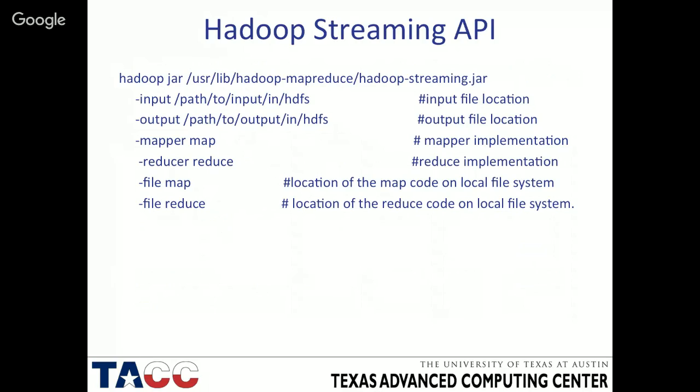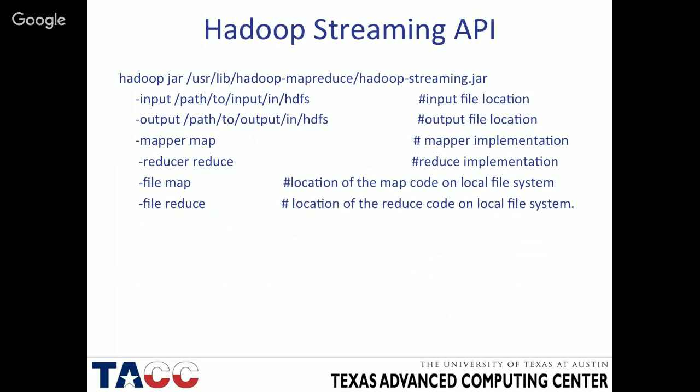So it's the same as how you run your example jar file or your own program. In this case, it's hadoop jar, followed by hadoop-streaming.jar. Then the important parameters include the input file location and output file location, which are the parameters for the word count program.